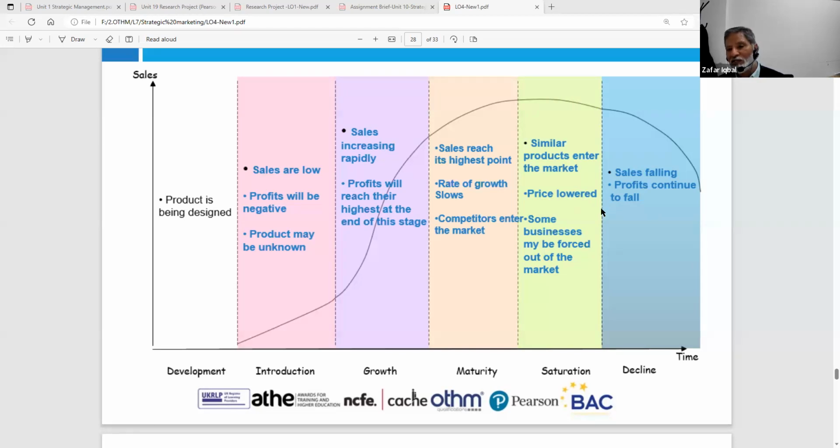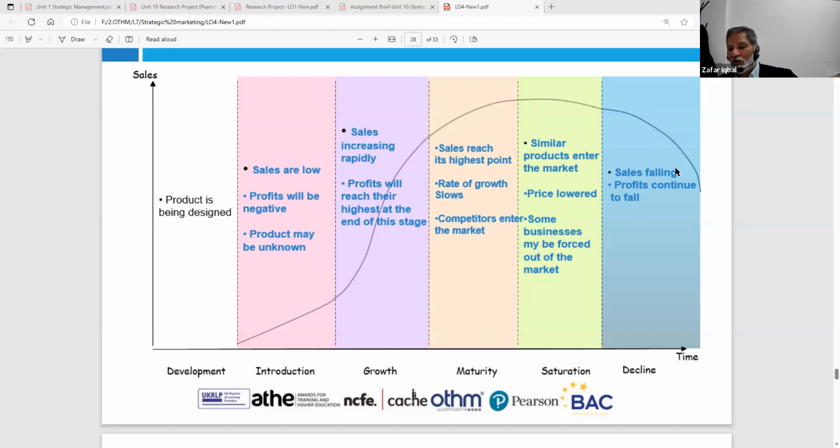And then at some stage, it doesn't work, because people have the products now, they don't want to buy another product. Sales decline rapidly, the revenue falls as well, profits fall, and this is called the decline stage.